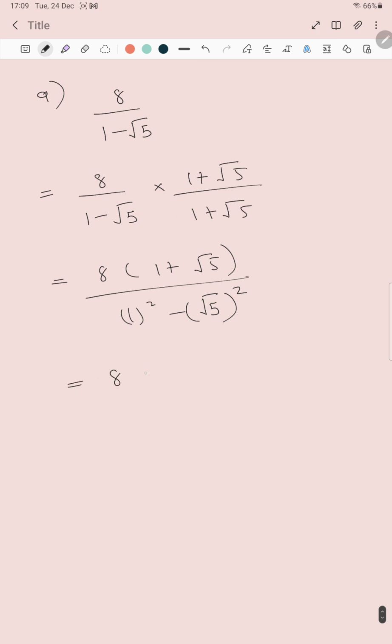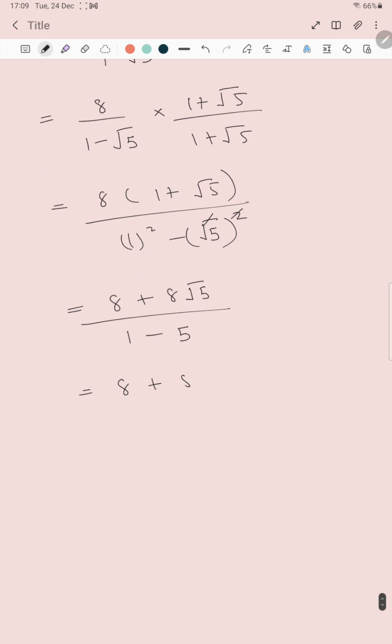Now 8 1s are 8 plus 8 square root 5 divided by 1. Square will be cancelled with the square root, minus 5. So 8 plus 8 square root 5 divided by 1 minus 5 will be minus 4.